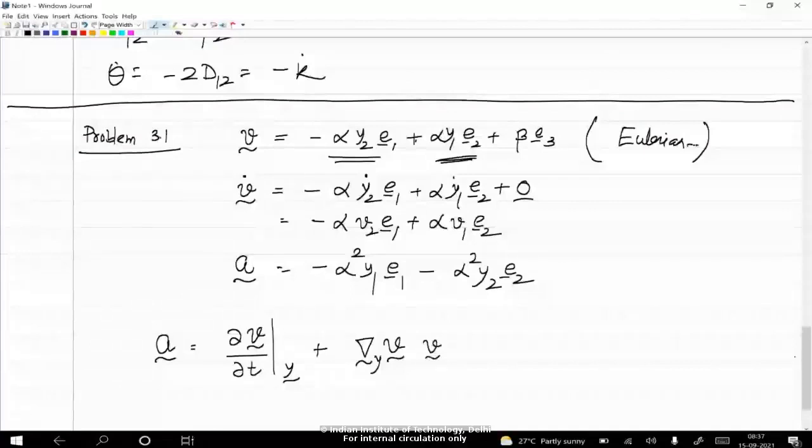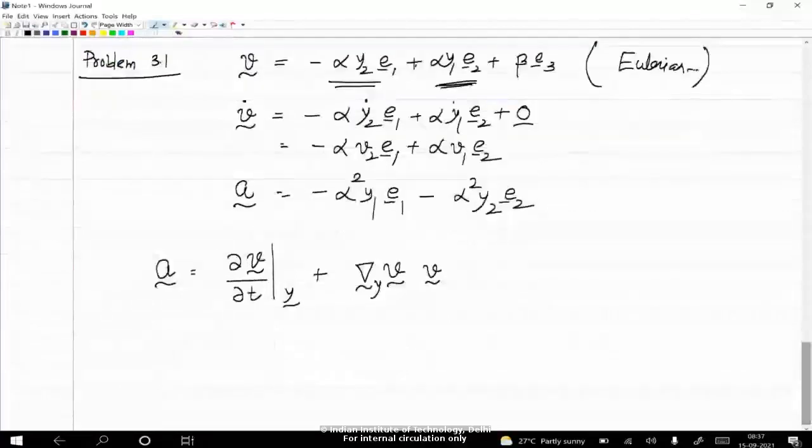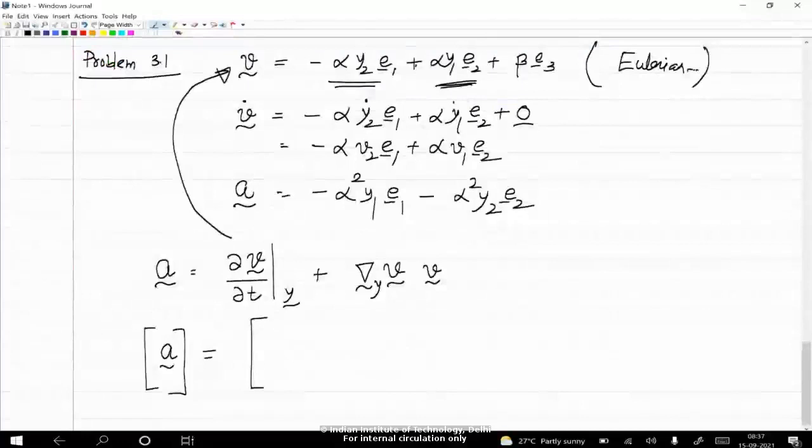Isn't it? That was the formula. So let us see if we are getting that. Maybe let's work it out in a coordinate system E1, E2, E3. So acceleration is then del v by del t, which is the explicit time derivative, keeping y fixed. Now from this formula here, if you keep y fixed, then there's no explicit time present. So the local acceleration term is zero in this case.